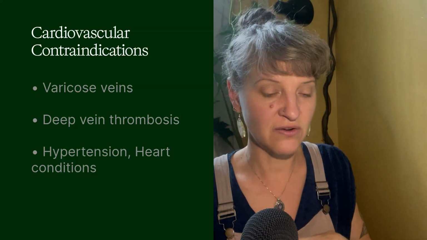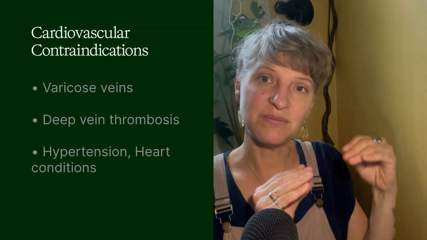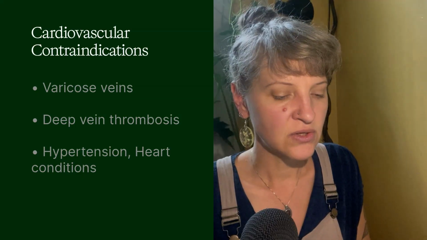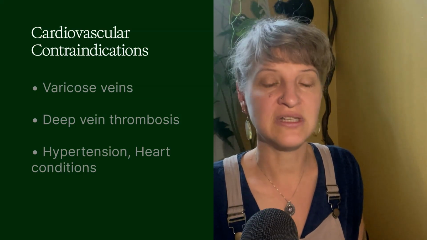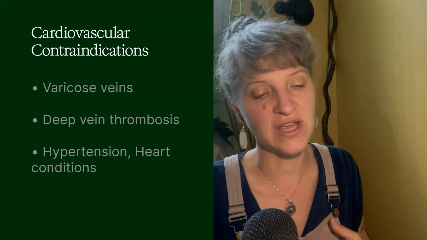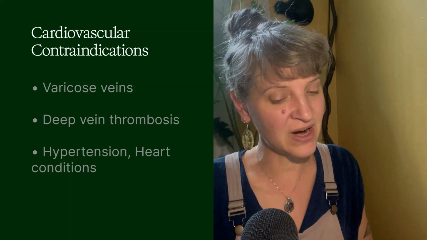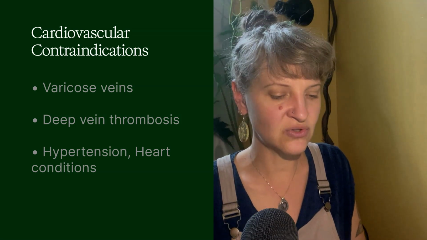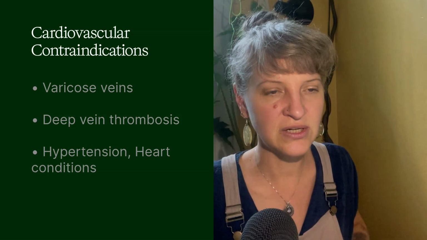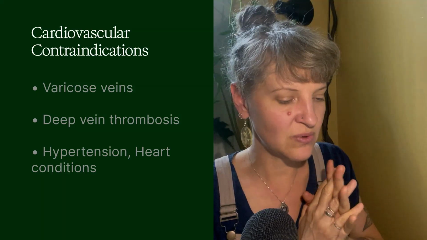So we have to be super careful about that, and also that area can be tender because the blood's been pooling there. So don't do deep tissue work on any area where you see spider veins or varicose veins. If you can see the veins clearly, especially if they look squiggly and not right, then definitely don't use deep tissue. Just use some light strokes, gentle upward, to help get that blood up, but not too heavy.